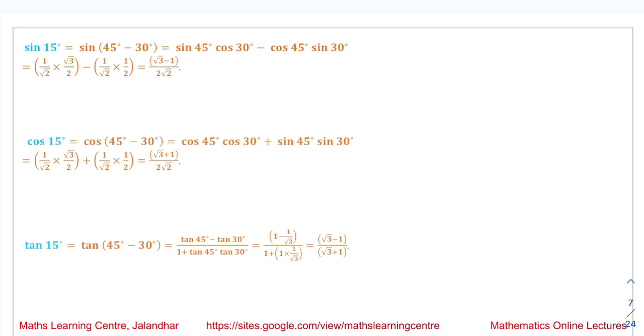So the first angle we are talking about is 15 degrees. We are calculating all the trigonometric ratios corresponding to this angle 15 degrees.